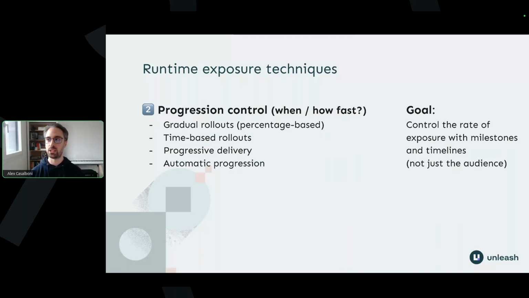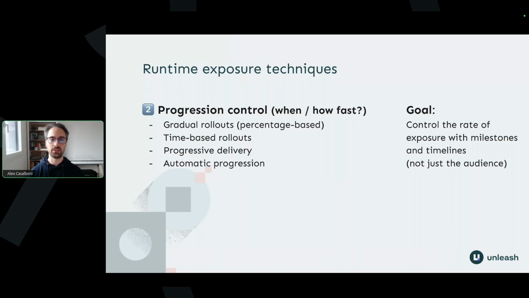Now, the second set of techniques I like to look at is the when, and also how fast do you expose features, or how does it happen? So these techniques are about deciding when the exposure starts and how it progresses over time as well. So it could be time-based, it could involve some automatic progression logic, such as move to the next group after 24 or 48 hours, for example.